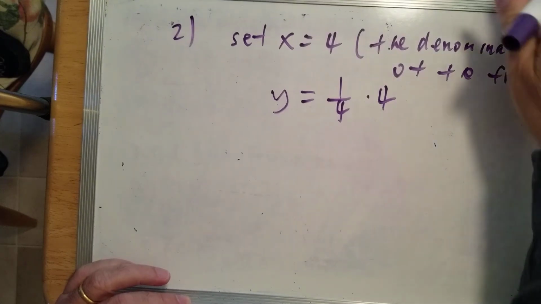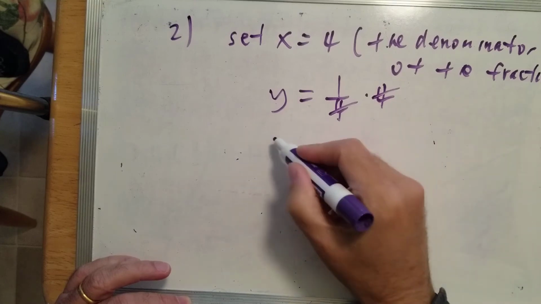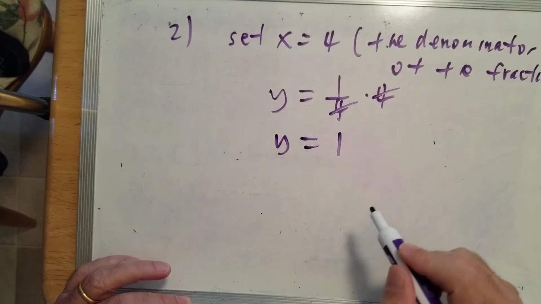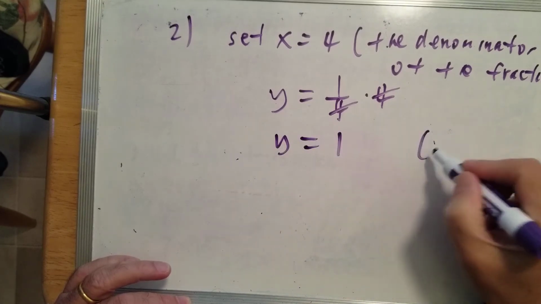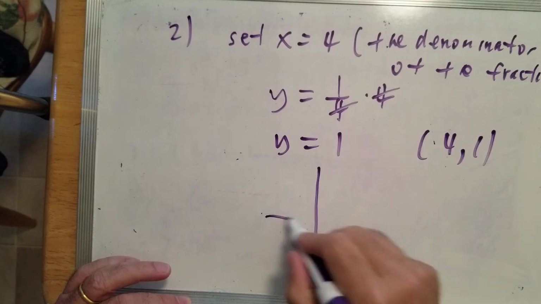And notice what happens is that the 4's cancel out, which is why we picked 4, and I get y equals 1 when I solve for y. So the point 4, 1 is on the graph.